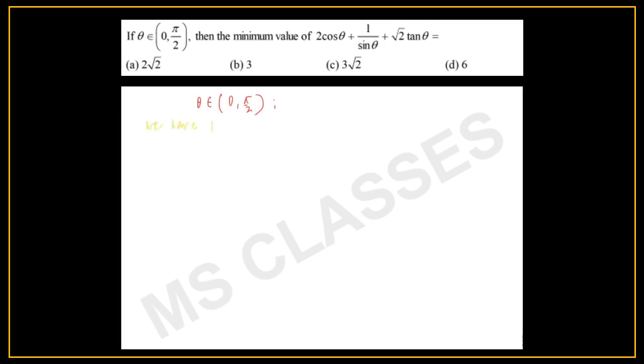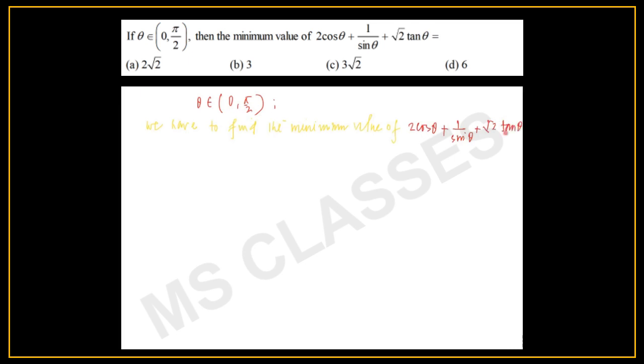We have to find the minimum value of 2 cos theta plus 1 by sin theta plus root 2 tan theta.